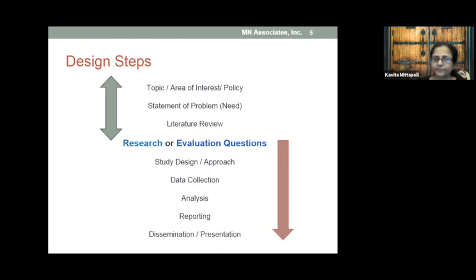I said, that's great. Then how is she going to find the responses to her question? The study design or approach was, she said, well, I just have this data sample. I'm going to do some basic analysis and also pull some data from literature.